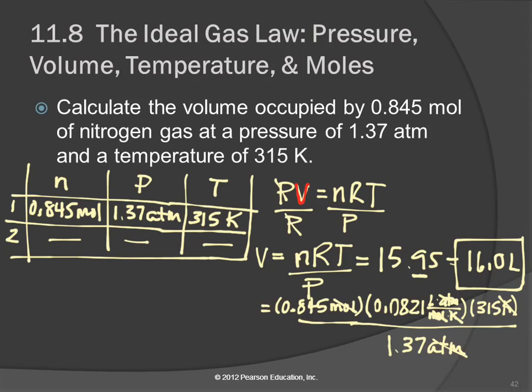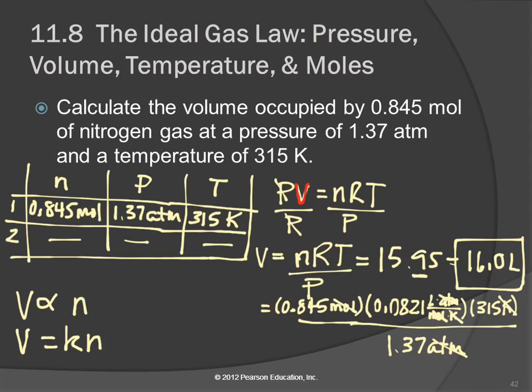What was 0.0821? That's R, the ideal gas constant. Oh, okay. And that's always the same. The way proportionalities work, like when we said that volume was proportional to number of moles, that means that the volume equals some constant times the number of moles.